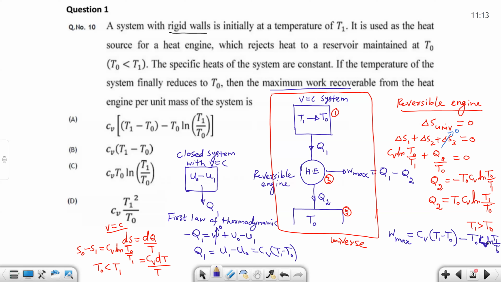So if you take Cv outside, it is T1 minus T0 minus T0 ln T1 by T0. So this is the maximum work. So answer is A. So A is the answer for this question.